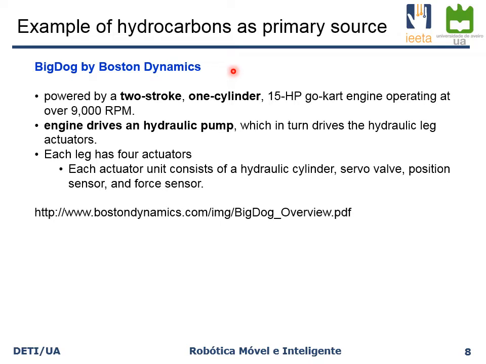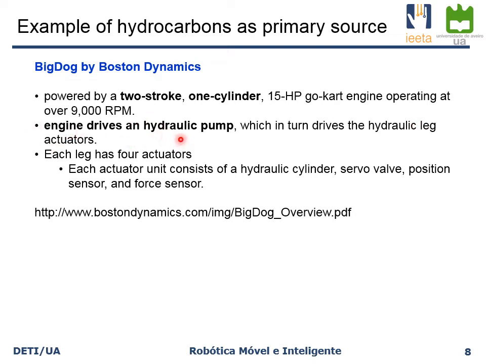But the Big Dog, for instance, is powered by a two-stroke, one-cylinder, 15 horsepower Go-Kart engine. So it's an internal combustion engine, and this engine operates at over 9,000 RPMs, and in turn the engine drives a hydraulic pump, which in turn drives the hydraulic leg actuators.